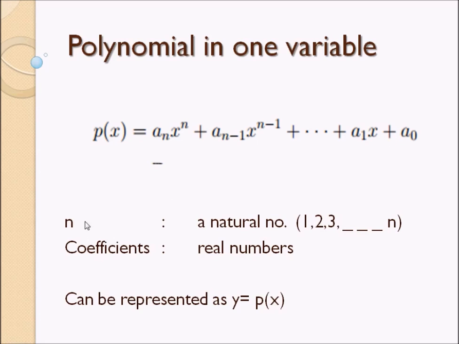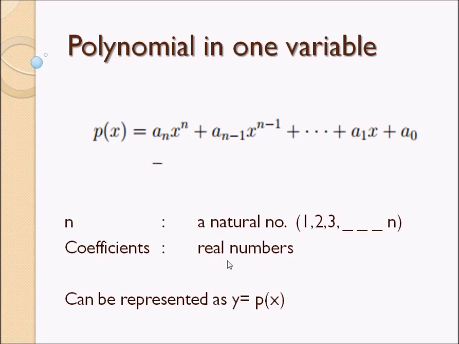Here n is a natural number. Natural numbers are numbers like 1, 2, 3, etc. Now the terms a n minus 1, a 1, etc. are known as coefficients of the respective powers.